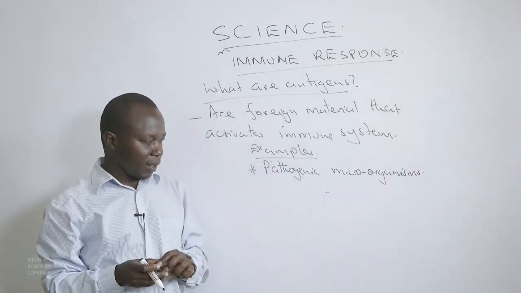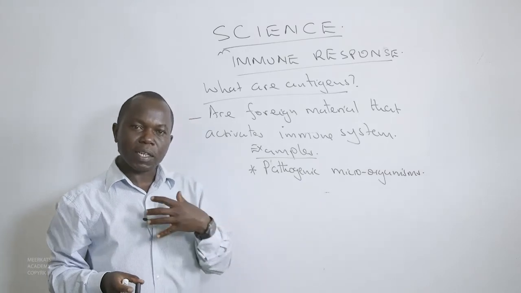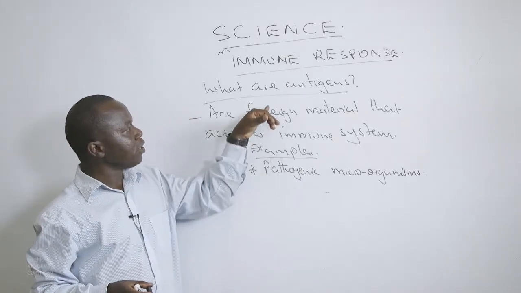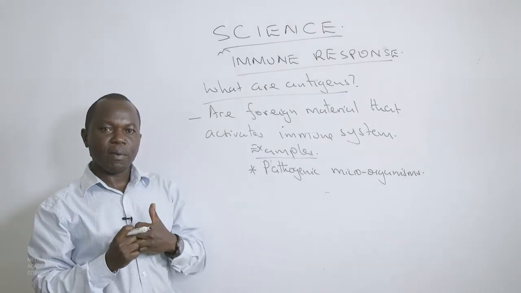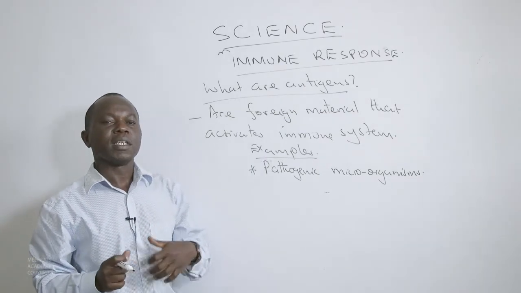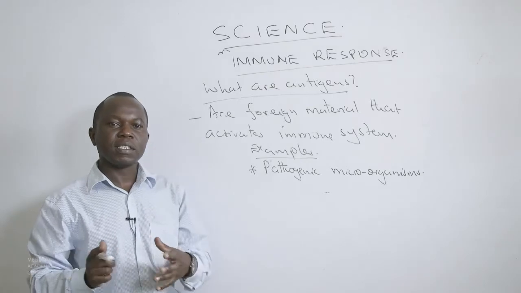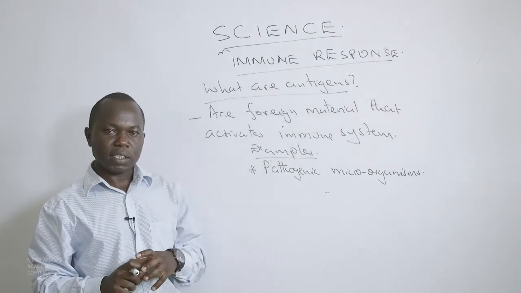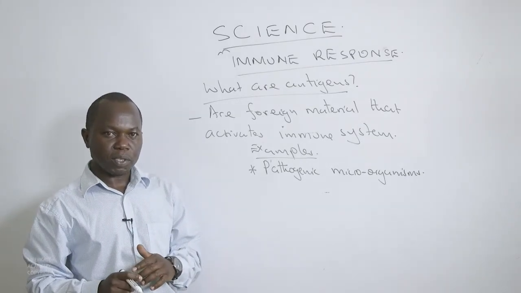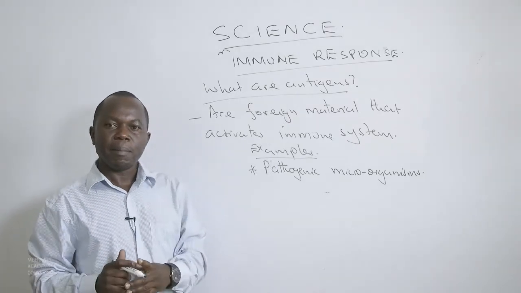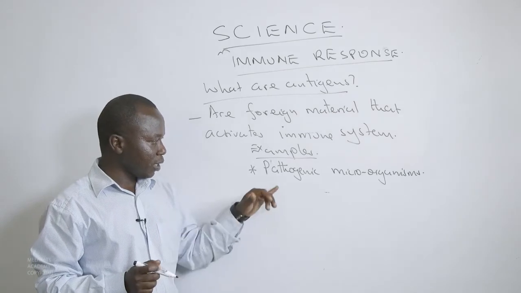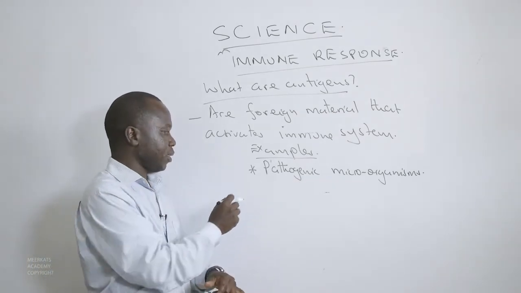So it should be remembered that not all microorganisms that are in our bodies are antigens. No, because we have some microorganisms in our bodies that are important. They exist in a mutual, symbiotic way, to bring about a balance in the population of other pathogenic microorganisms.